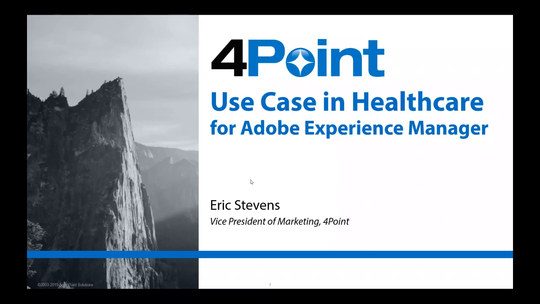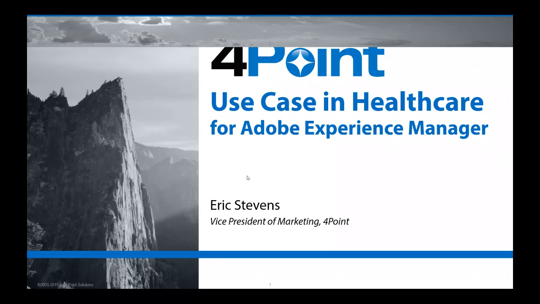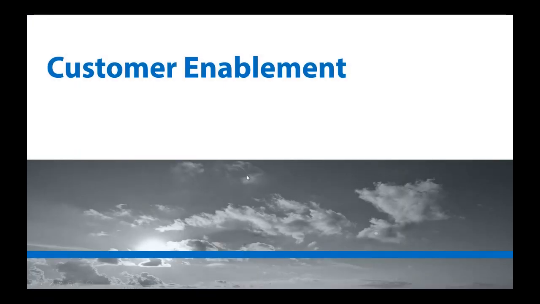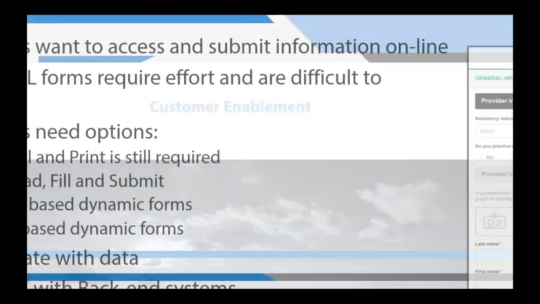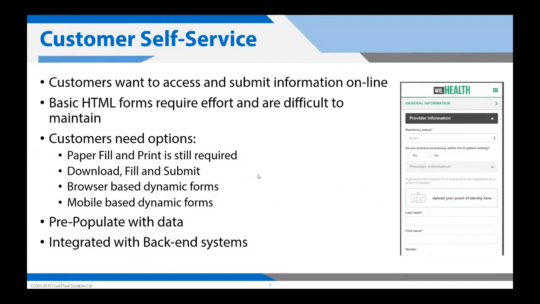To get started now, the first one I'd like to talk about is customer enablement. And in a customer enablement scenario, there are really 2 different aspects of it. One is the data entry aspect of customer self-service. Customers want to access and submit information online. Now, in many organizations, you can use basic HTML forms.